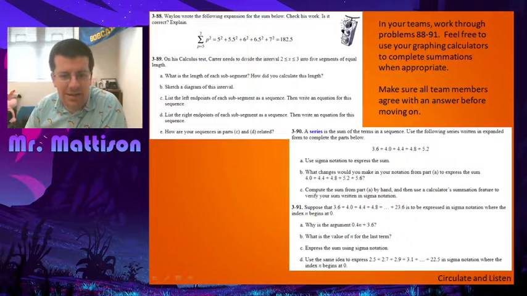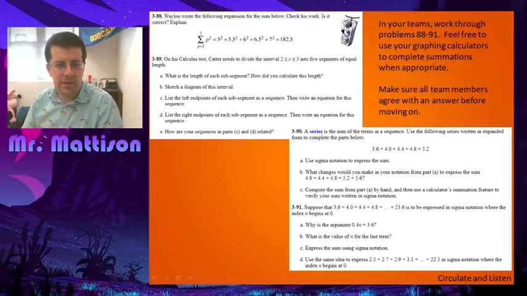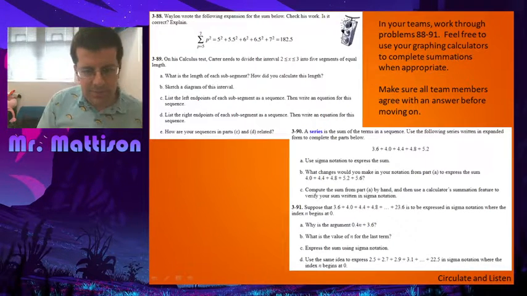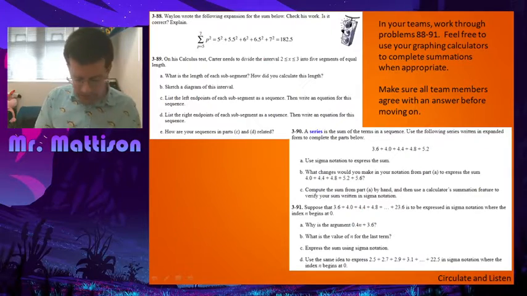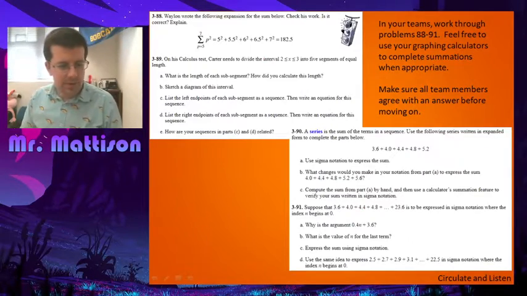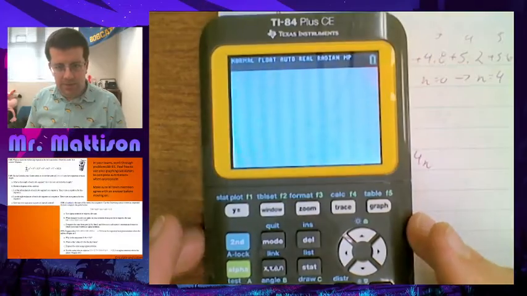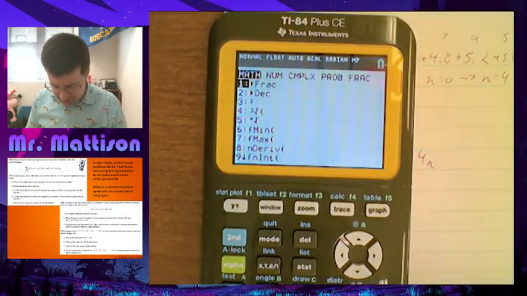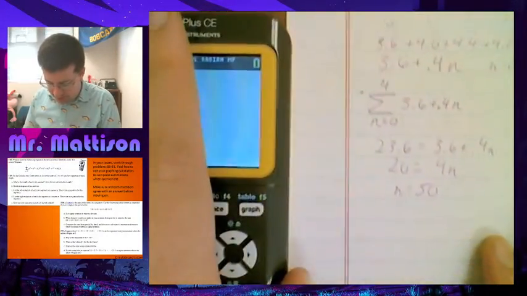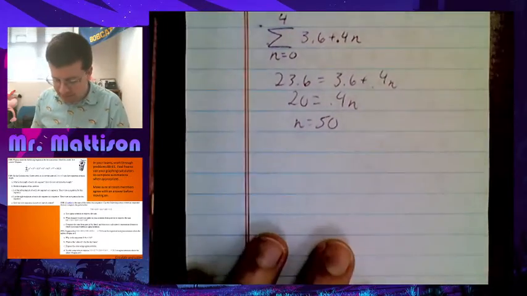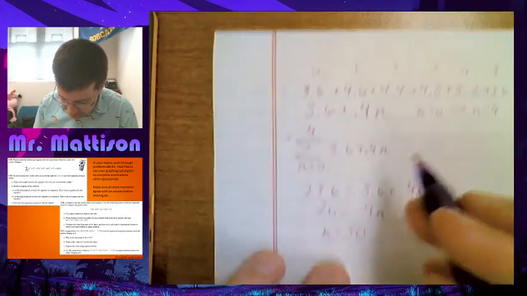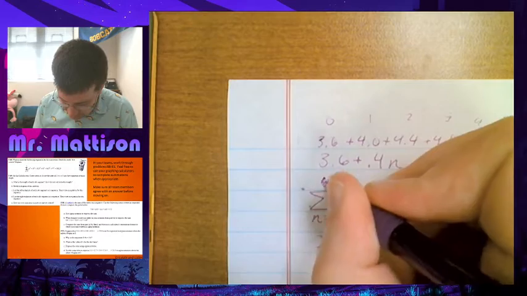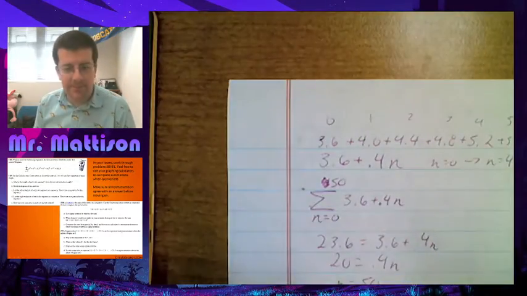So now let's express the sum in sigma notation, right? I want to do it from, let's actually write it first. It's going to be the same thing, but 0 to 50, right?